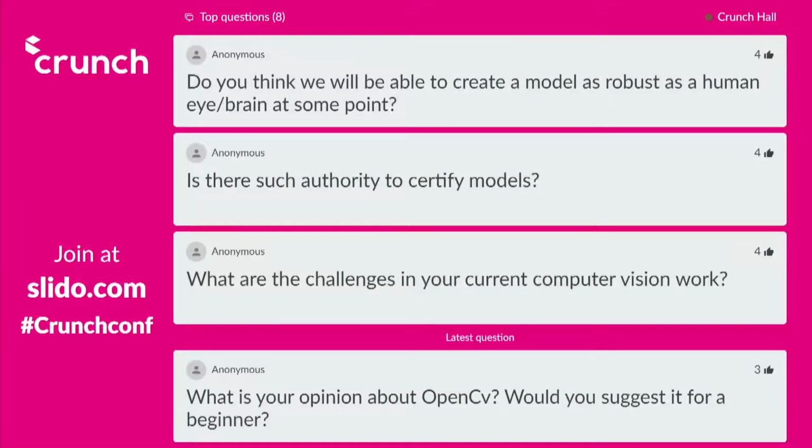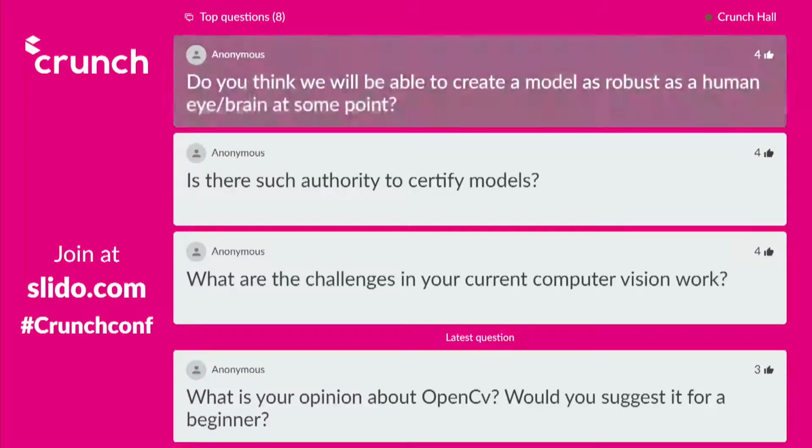Also kind of scary. Do you think that we will be able to create a model as robust as a human eye or brain at some point? Actually, we're beyond that. Many computer vision systems are more robust than humans globally, in the sense that we need to account for humans that sometimes are tired, they are bored, they lose focus. So there are many tasks where computer vision systems are already better than humans.